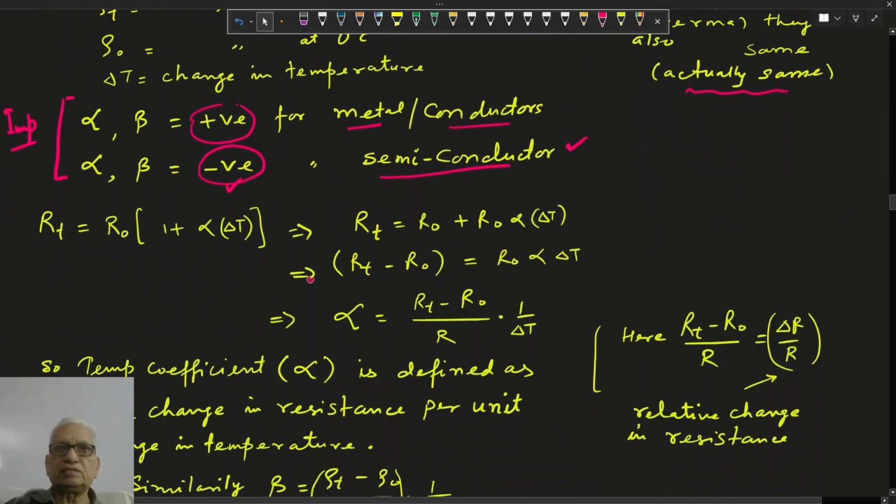So we must learn this: alpha and beta are positive for metal conductors, and alpha and beta are negative for semiconductors.